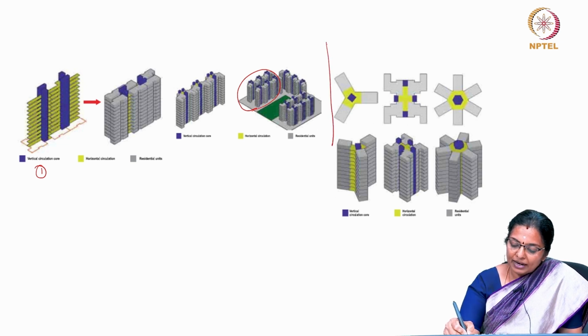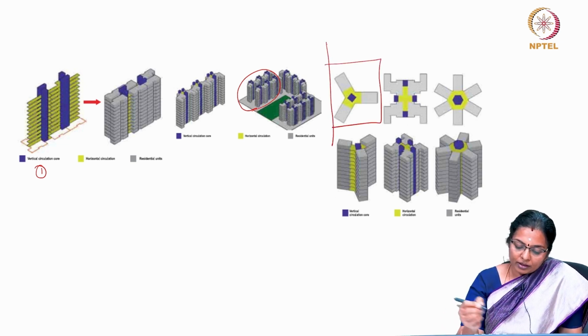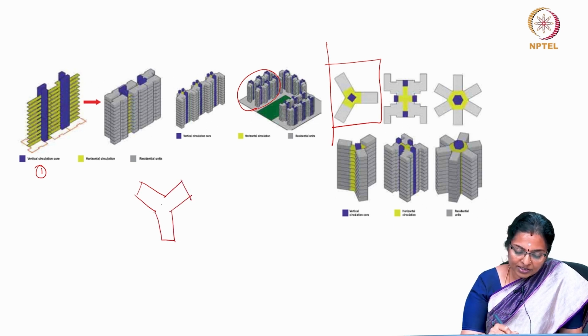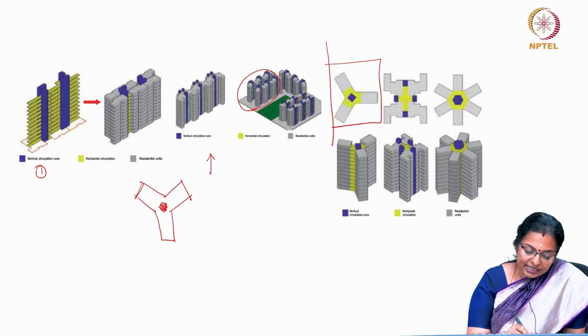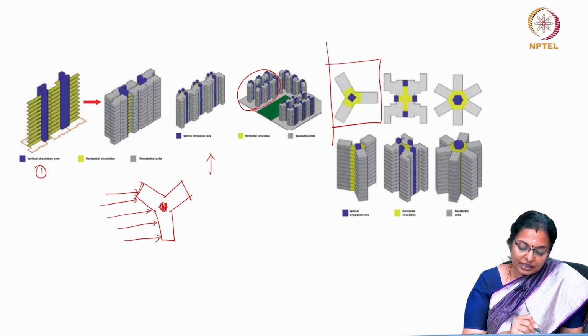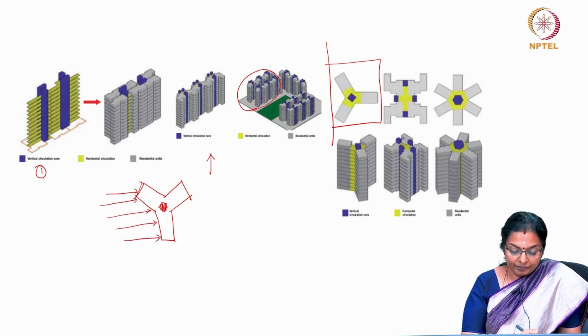Look at this plan form. Now, this plan form is like a fan shape with a central core, and suppose we consider this as the north orientation, you will see that there is no direct incident solar radiation along this massing.